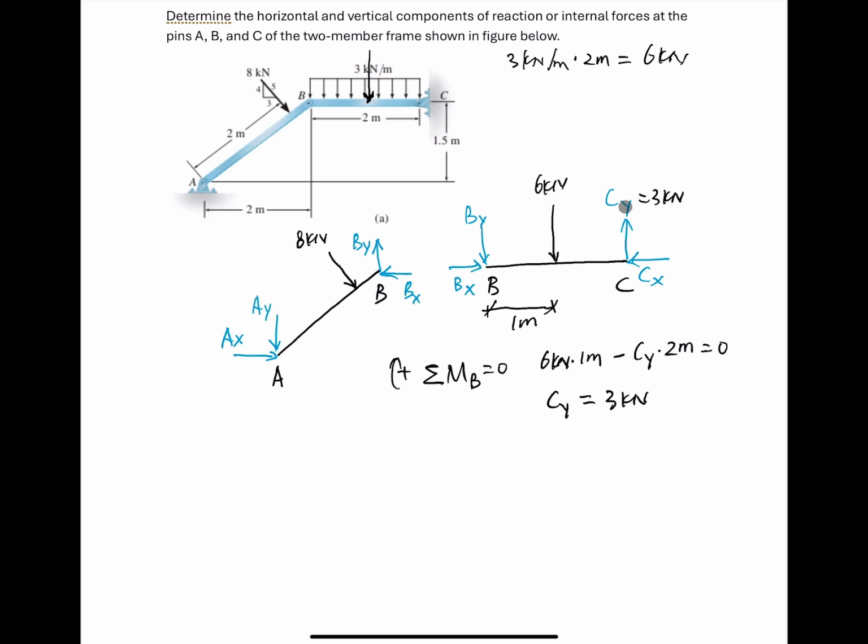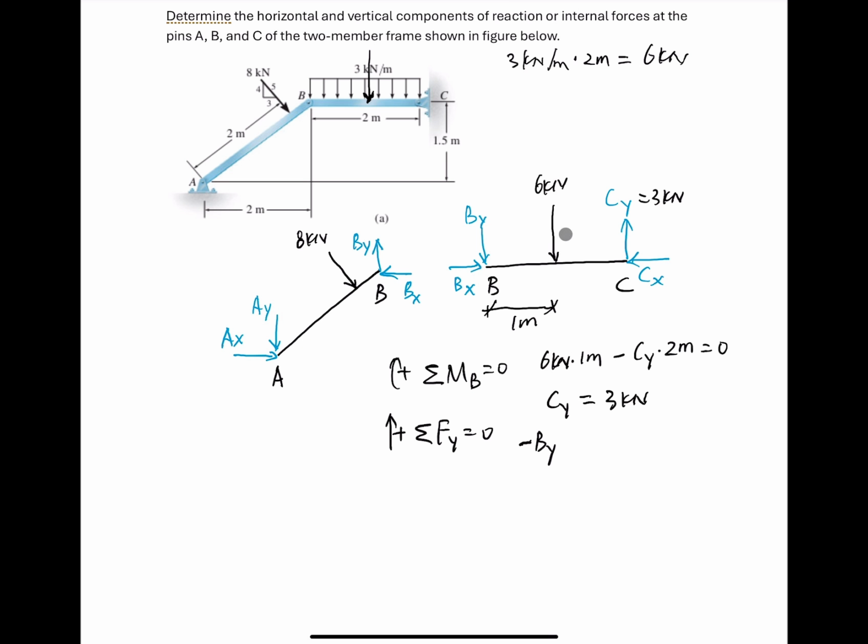After we know CY equals 3 kilonewton, we can write down the equation of equilibrium in the vertical direction. We assume the positive direction is upward. We have 3 forces in the vertical direction. BY goes downward, so it's negative.